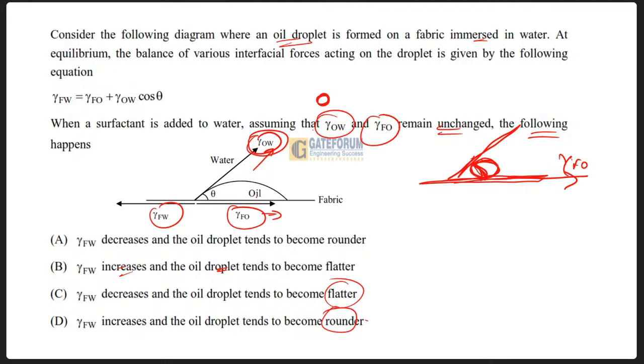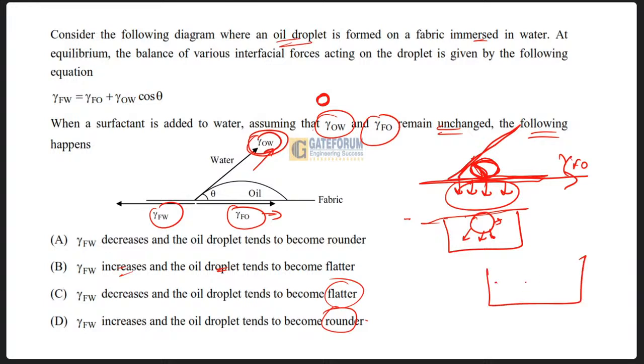When a surfactant is added to the water, its surface tension decreases. Suppose a water droplet is there, so surface tension is there. Due to surface tension, it will absorb this, and the water droplet is completely rounded.